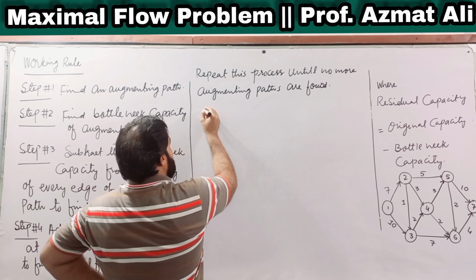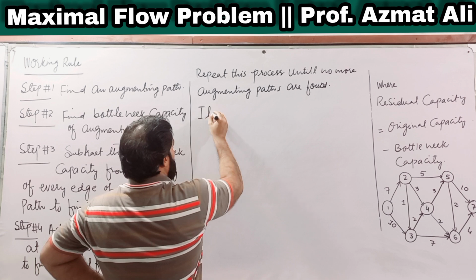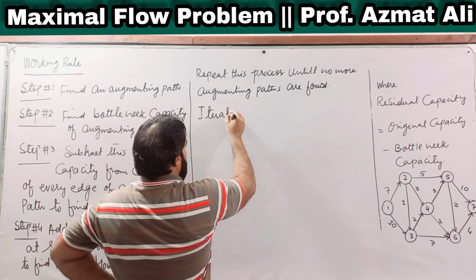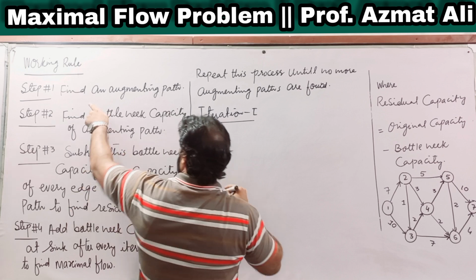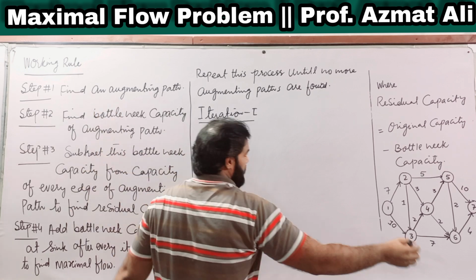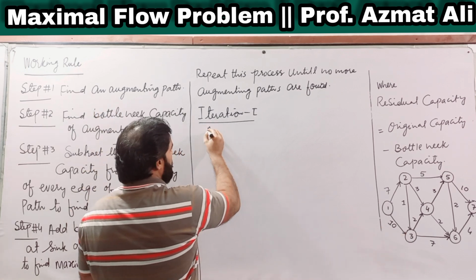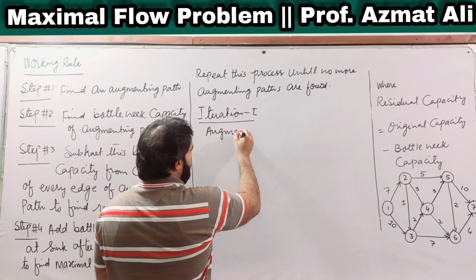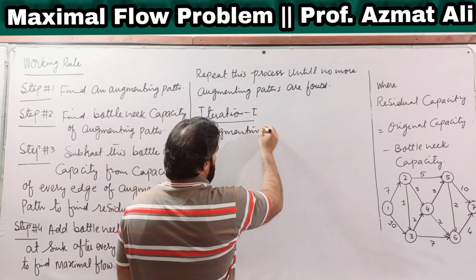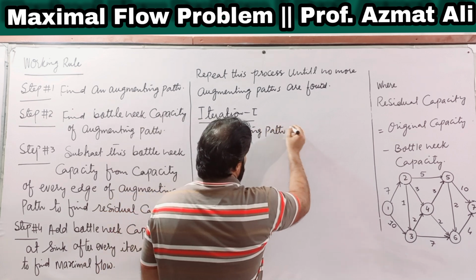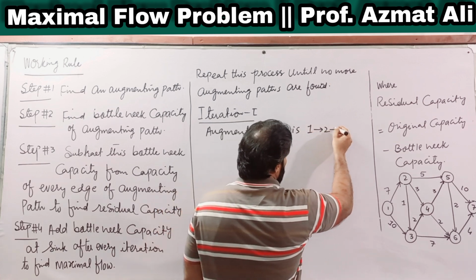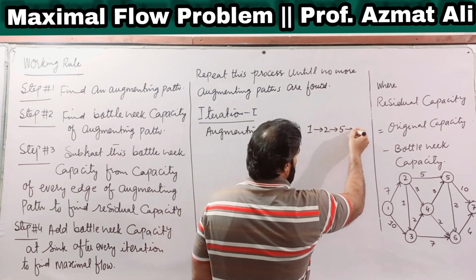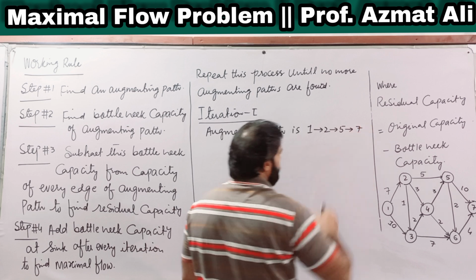Suppose at the starting, this is iteration 1. Find an augmenting path. Suppose I choose my augmenting path as node 1 to node 2, node 2 to node 5, node 5 to node 7.